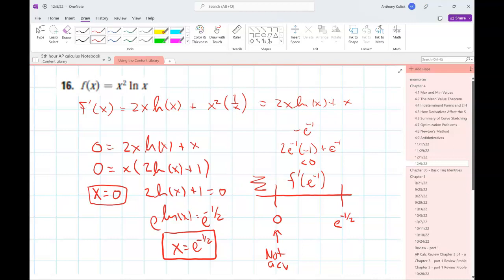The natural log cancels out the e and you're just left with the negative 1. And then probably e to the first makes sense to do over here, or even 1 would be okay. Let's do that, that's probably even easier. So 2 times 1 times 0 plus 1 is 1.